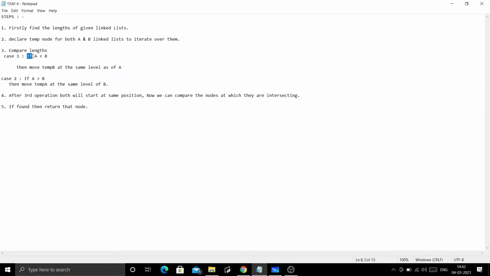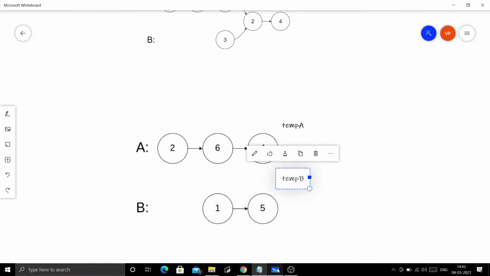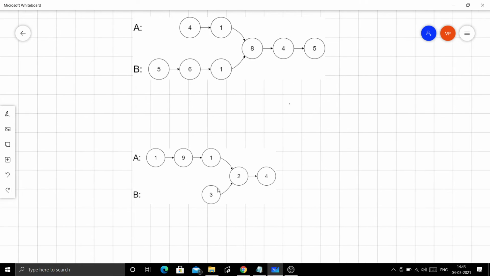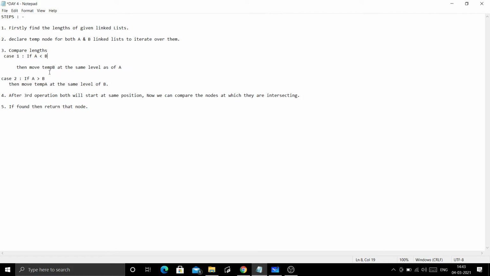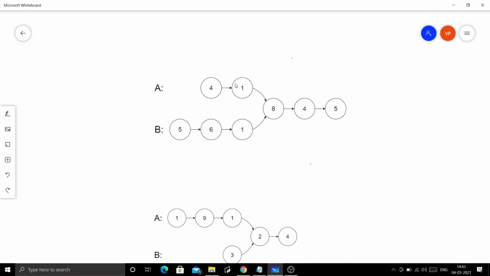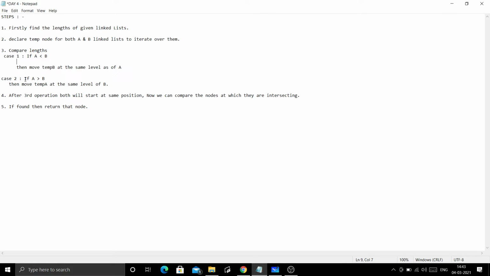If list A is shorter than B, as in the first example, we have to move temp B to the level of A. If the case is opposite, then we have to move temp A to the level of B. If the lists are not intersecting, then the answer would be null. So from this we can get the answer.